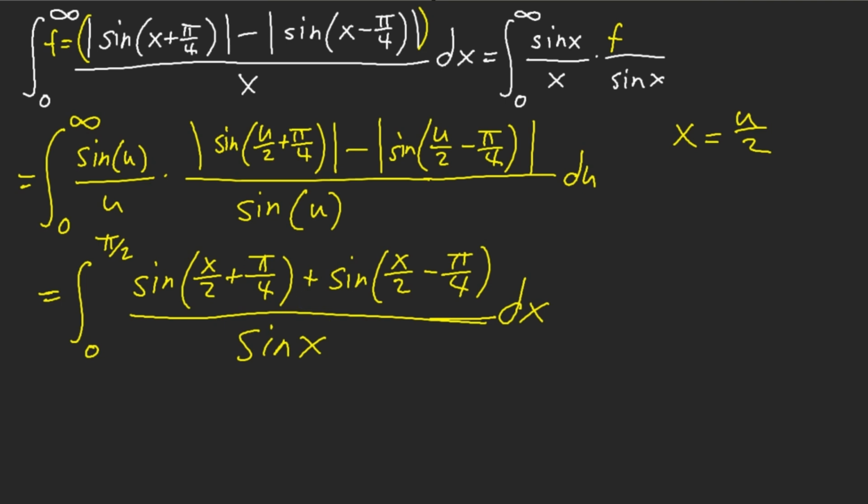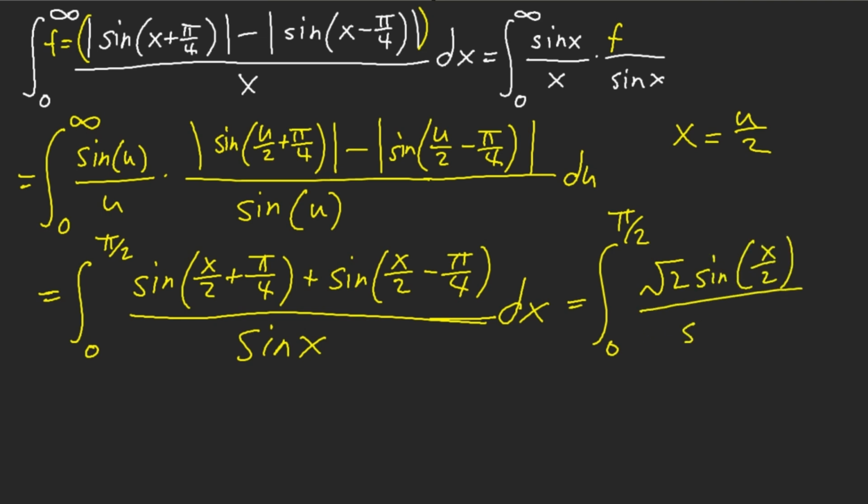And then by trig identities, when you combine this, we get square root of 2 sine of x over 2 over sine of x. This is simply 2 sine x over 2 cosine x over 2.